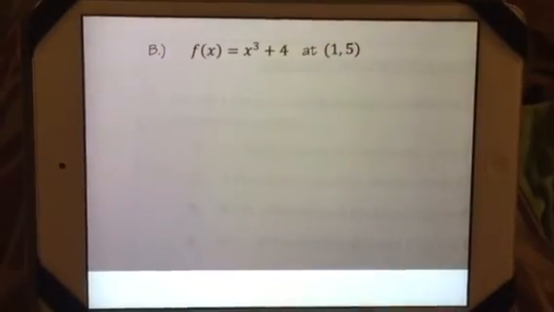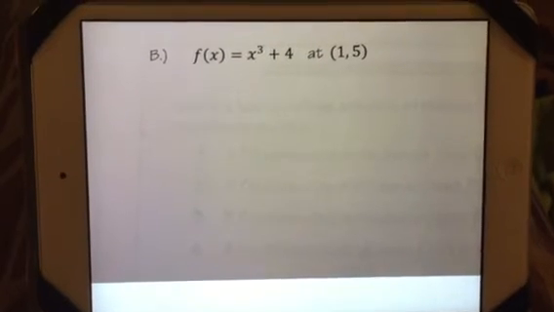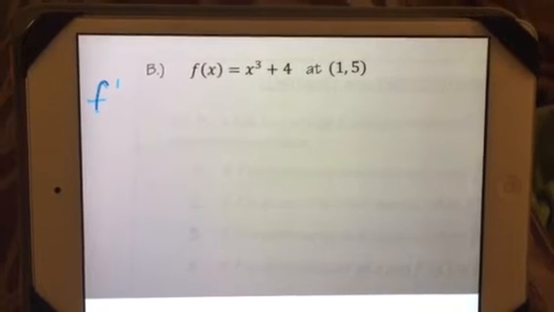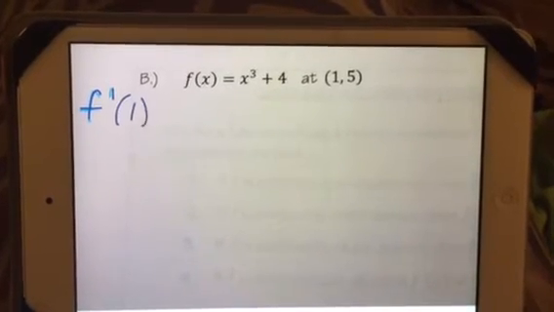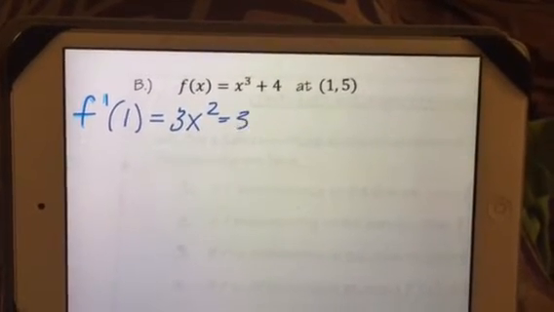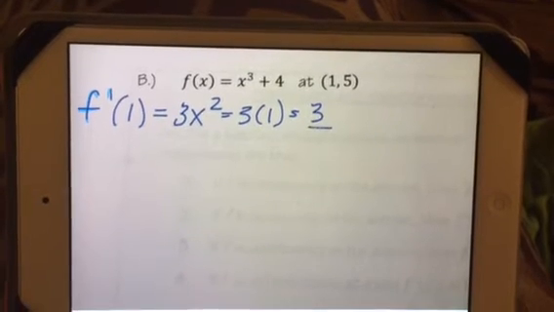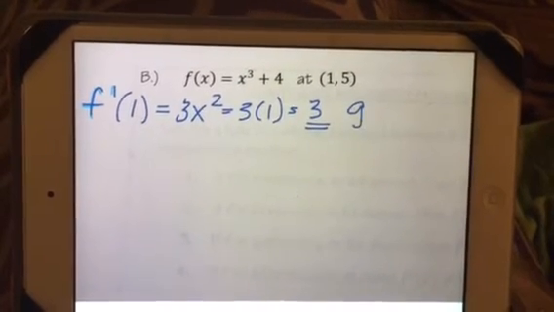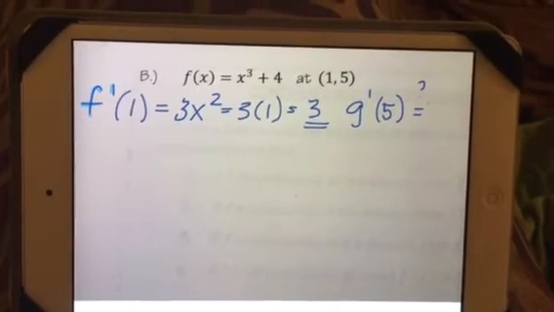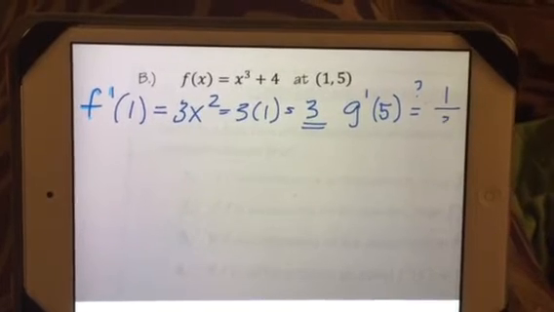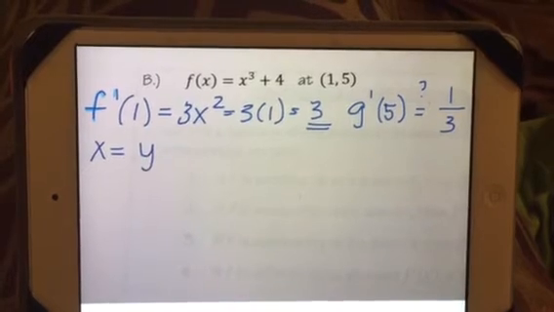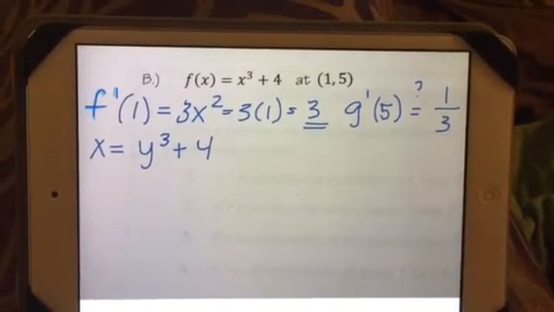So let's do another example just to verify what was stated previously. So first we find the derivative at the value given. So this was 3x squared. Substitute in 1, and that gives us a value of 3. Well, the derivative of the inverse function at the y value, we're going to verify that it's the reciprocal of 3, which is 1/3. So first we find our inverse. So x equals y cubed plus 4.